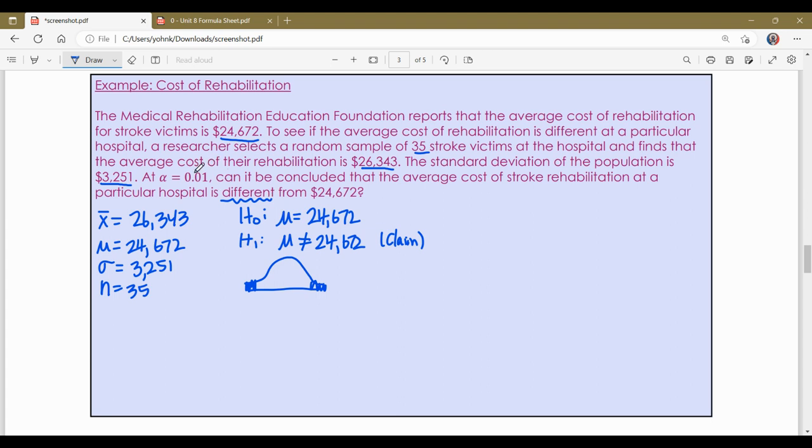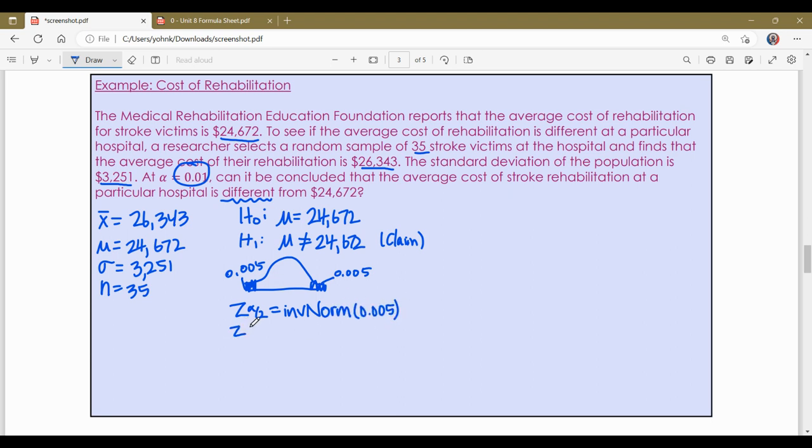All right, so our alpha is 0.01, but that alpha needs to be split in between both of the shaded regions. So if I divide 0.01 by 2, I get 0.005, and then I also have a 0.005 over here. When I find the critical value, I'm going to inverse norm 0.005.